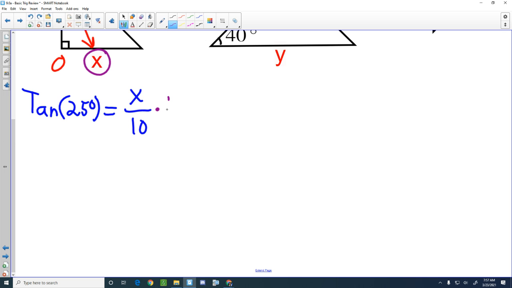If I wanted to cancel that out, I would multiply by 10, right? Because those are opposite operations. That cancels those both out. But if I multiply the right side by 10, I've got to multiply the left side by 10. So x is equal to 10 times the tangent of 25 degrees. Let's grab out those fancy calculators now, everybody.